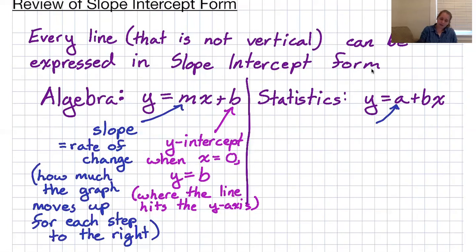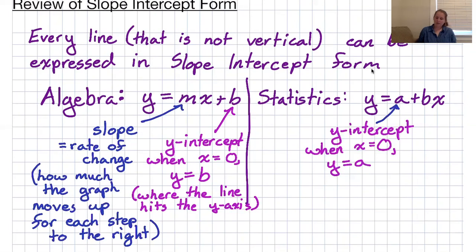So this is our y-intercept. So when x equals 0, y equals a. Basically, if we take the number not touching the x, that's our y-intercept. And then the number touching the x is our slope.